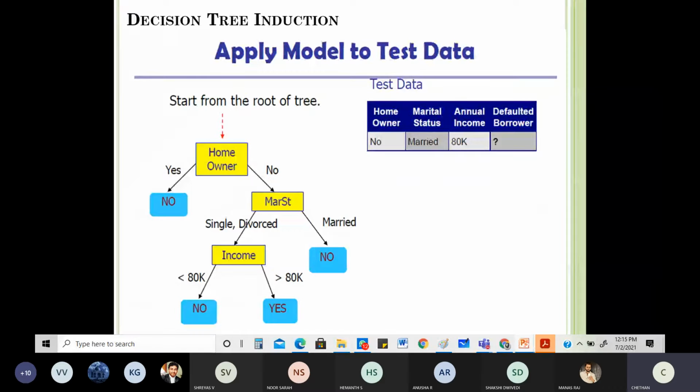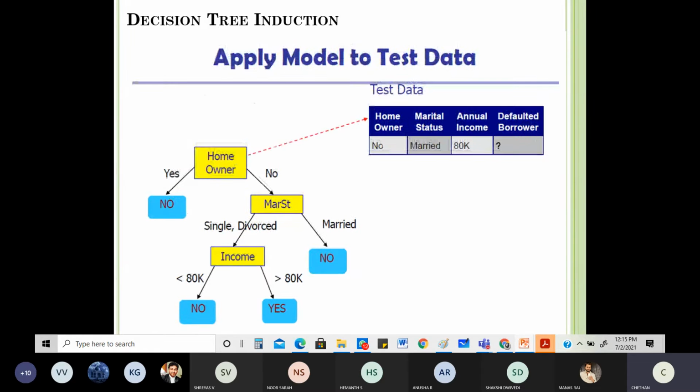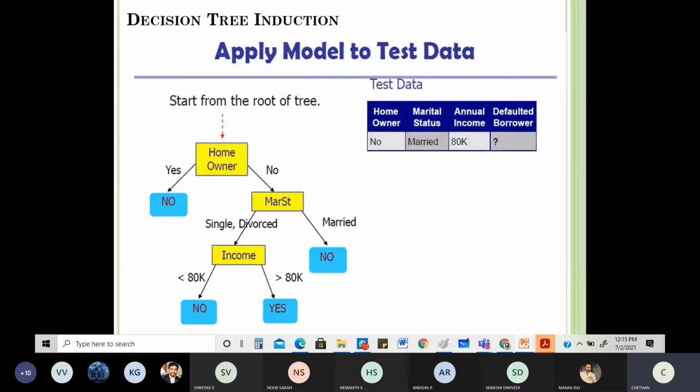Now, applying the models is the same thing. Whatever the Flamingo example I took, I'm going step by step for the same old thing. I think I showed you this even before the internal also. Okay, so just look at it. Apply the model for test data based on homeowner.